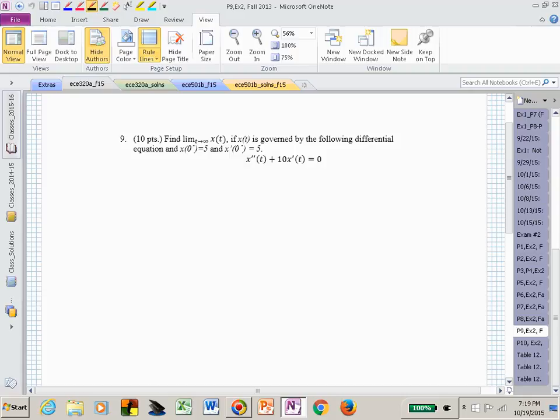Do we have a forcing term? No, we have no forcing term, we have no initial conditions. What's exciting this circuit? This circuit is not getting excited. So what happens in an unexcited circuit? It's boring. If it's boring, what does that mean?